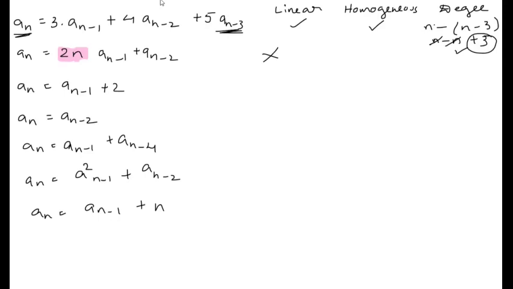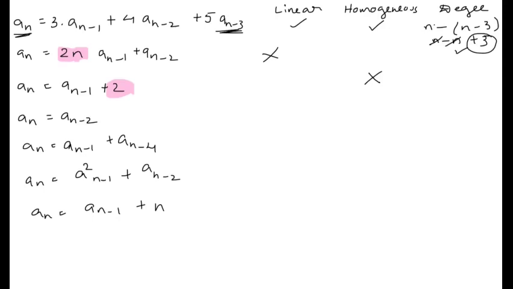If you observe, the term plus 2 is not in the format of Ck a_(n-1), so it is not homogeneous.